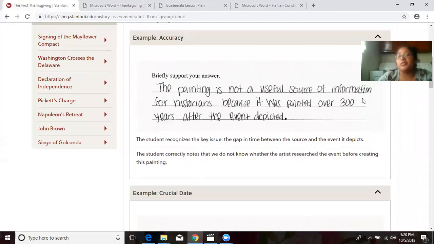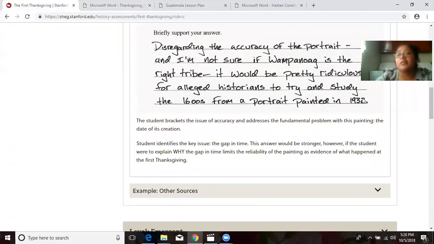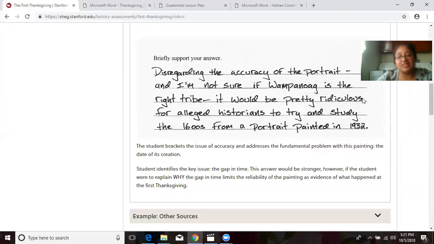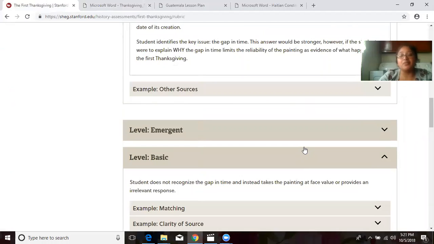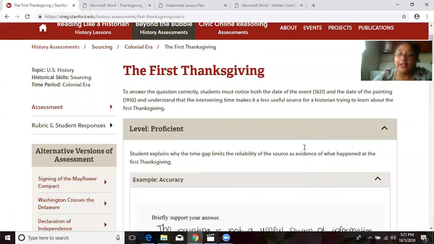The painting is not a useful source of information for history because it was painted over 200 years later. This is an interesting answer. So it even provides you with what a proficient answer would look like, an answer key.